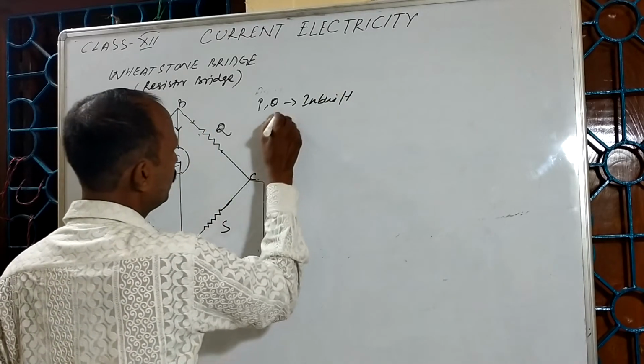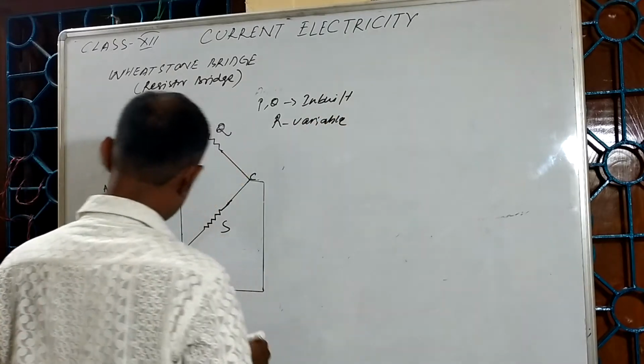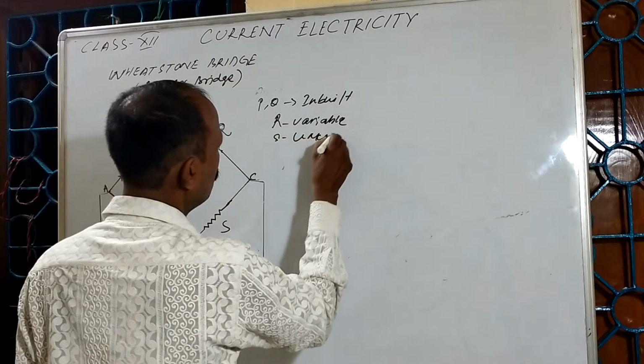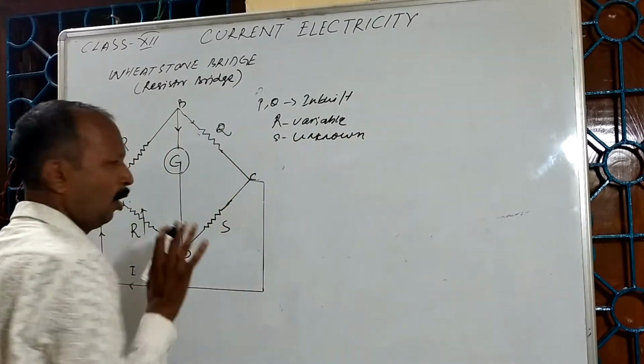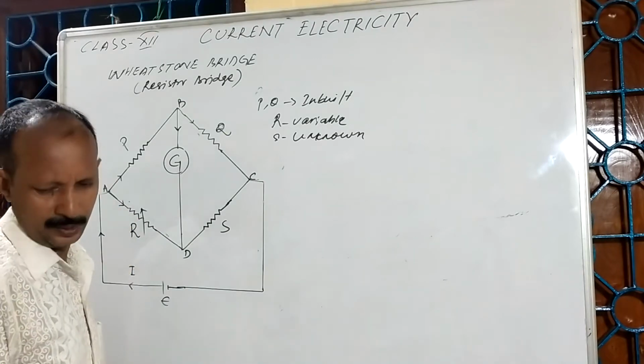Out of four resistors, any one resistance we can find if the remaining three are known to us.